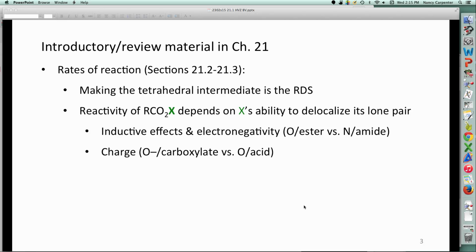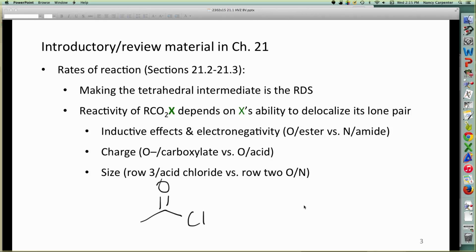Geez, charge is stuff from 2301 as well. A carboxylate is a lot less reactive than a carboxylic acid. Why? Well, my gosh, if you've got a negative charge on that, why would a nucleophile want to attack? And then really, it kind of boils down to a size argument when you're looking at acid chlorides versus amides or esters, because you have a much larger atom in terms of the chlorine.